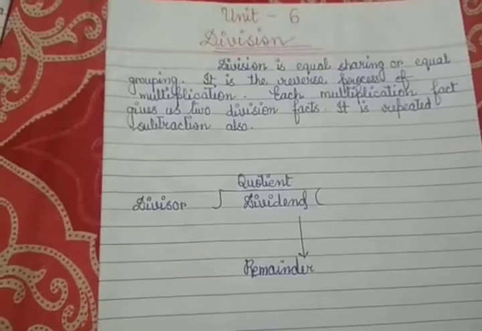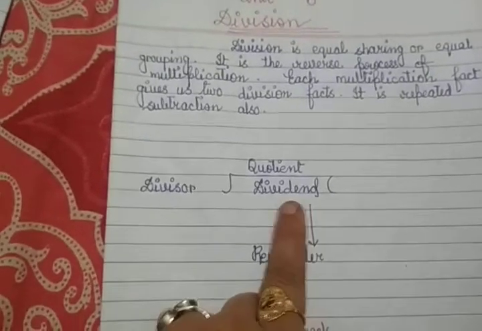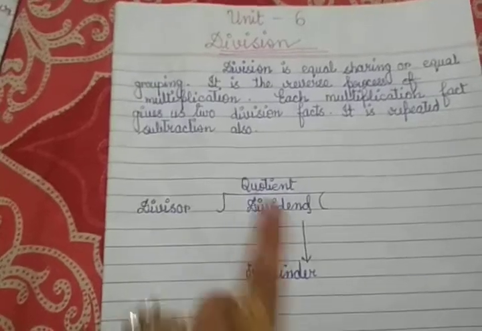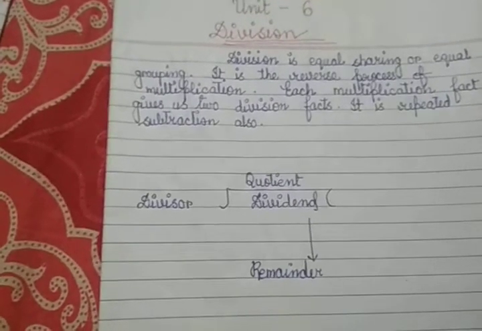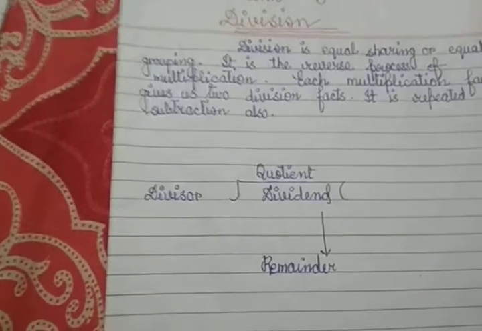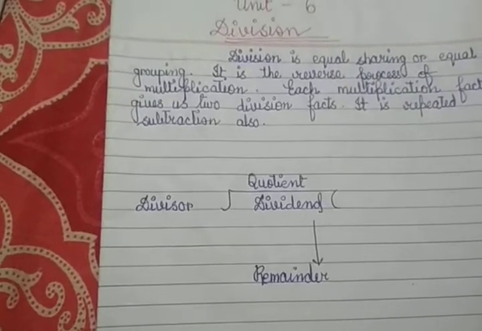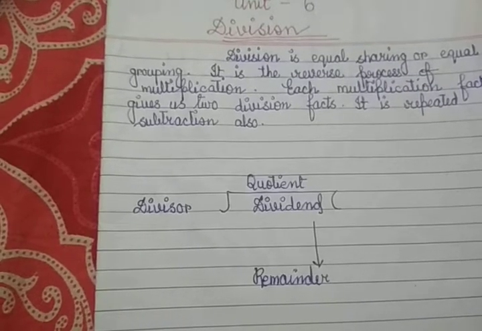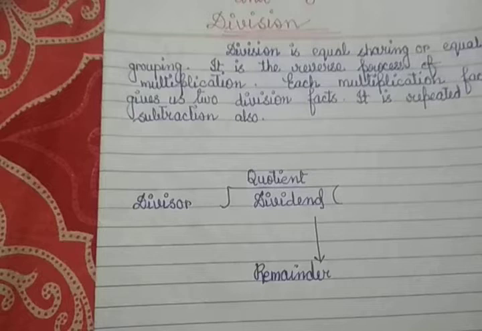In the process of division, we have dividend, divisor, quotient and remainder. Dividend means the number which we divide, or a number to be divided by another number.